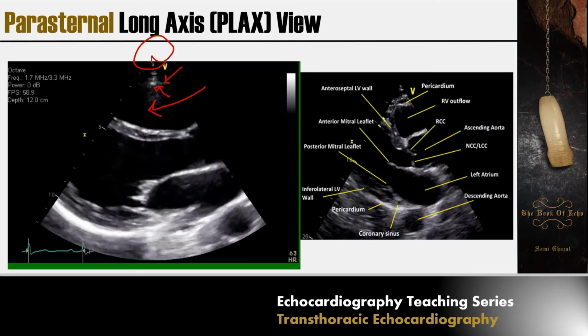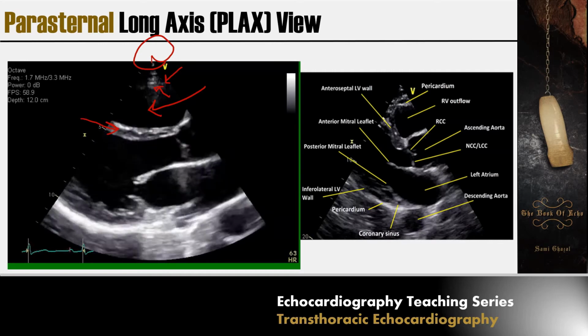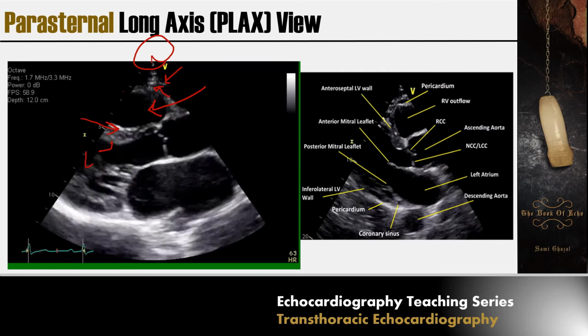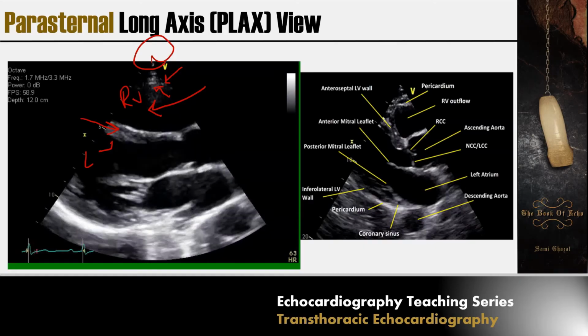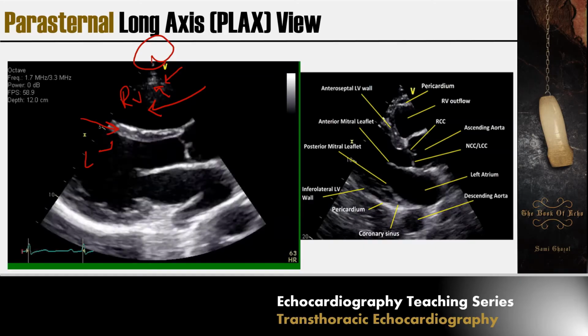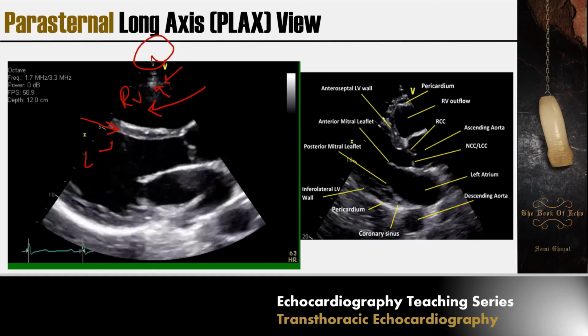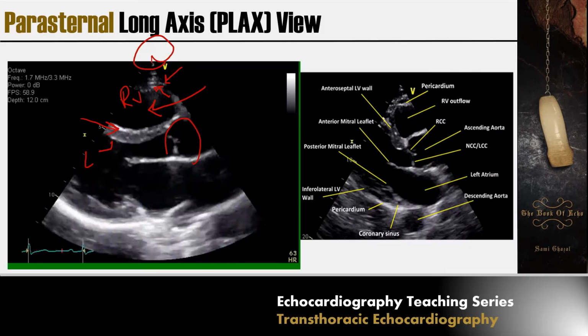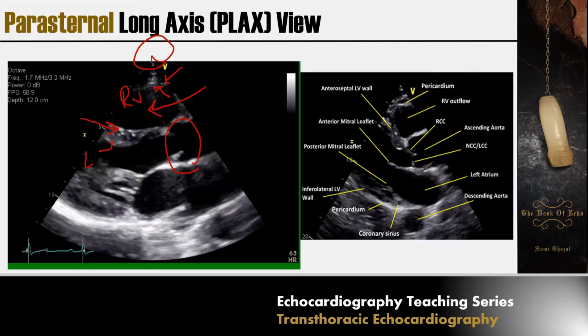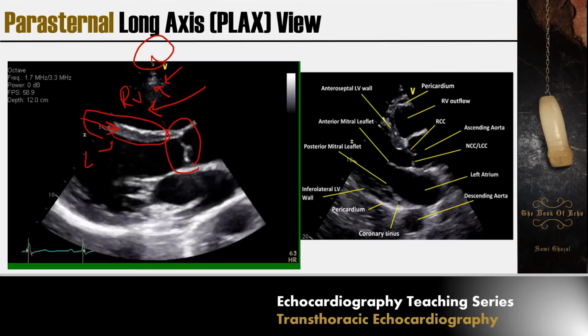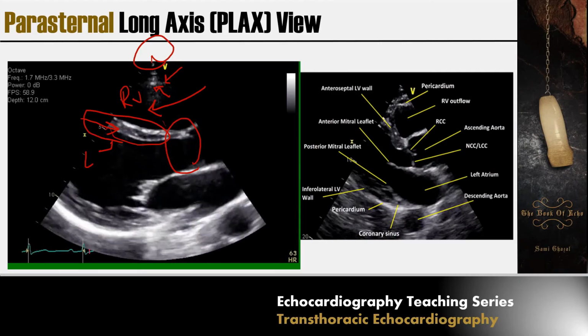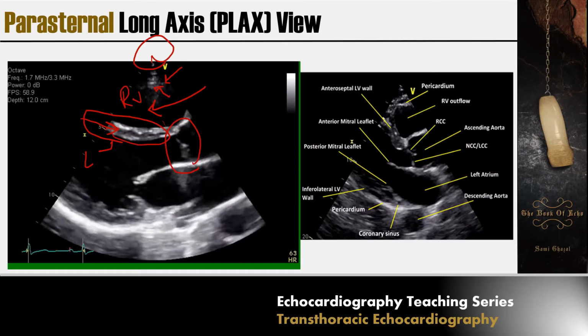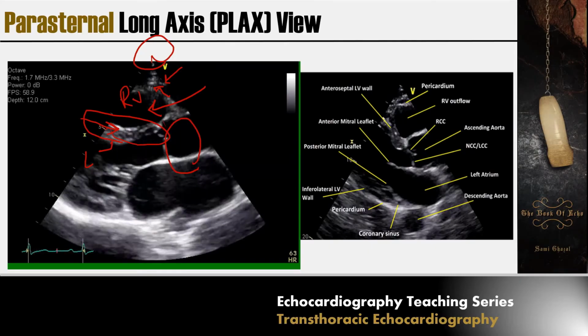This is the interventricular septum between the LV and RV, but this is the anterior part of the interventricular septum. Usually when you see the aortic valve, at the same time you see the interventricular septum, it is the anteroseptal wall. It's the anterior part of the interventricular septum.